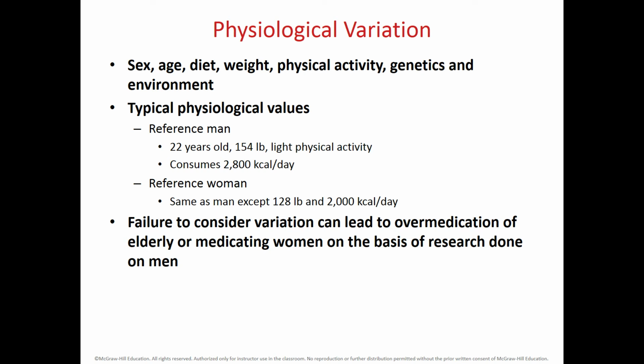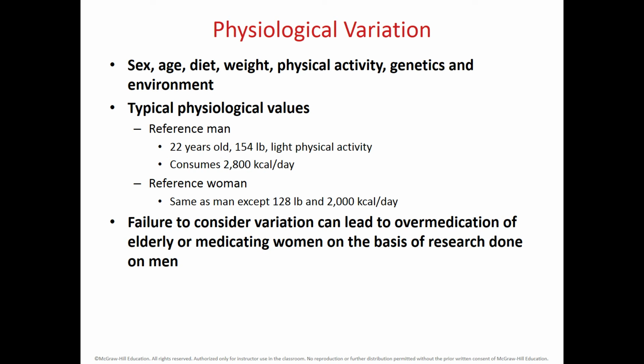Okay, and when it comes to textbooks, they usually give us the typical physiological values, which in the case of males will be giving you the specific functioning of males that are 22 years old, that weigh 154 pounds, and that have light physical activity.